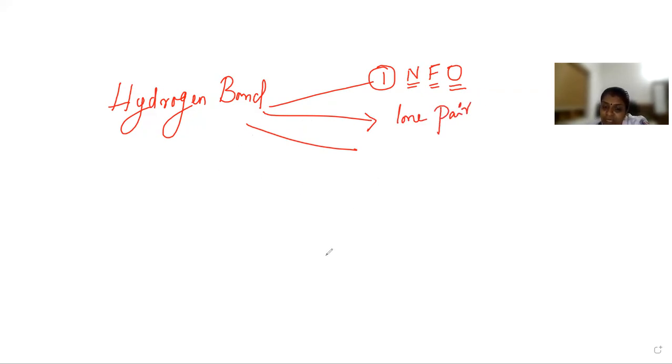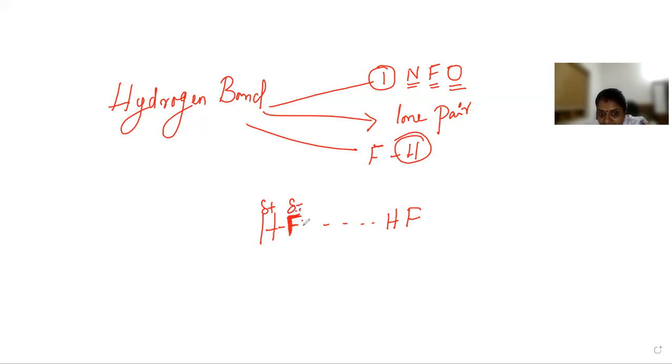So if you take HF, what type of force exists between HF molecules? The hydrogen bond. What is the reason? Because F is highly electronegative, and adjacent to the highly electronegative atom there is a hydrogen atom, so there will be a charge separation already here.